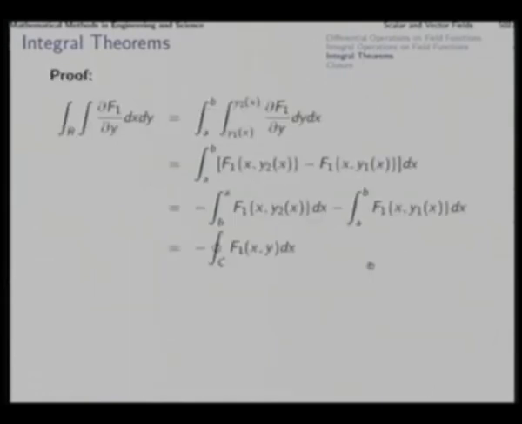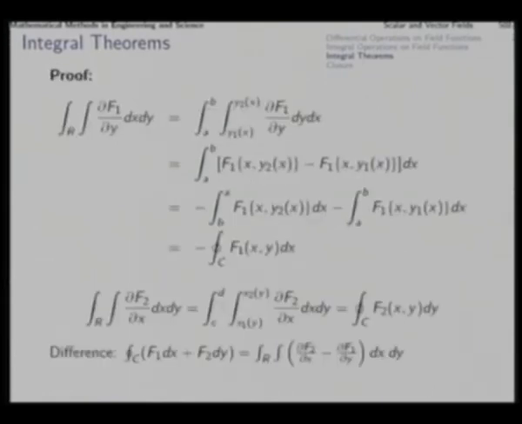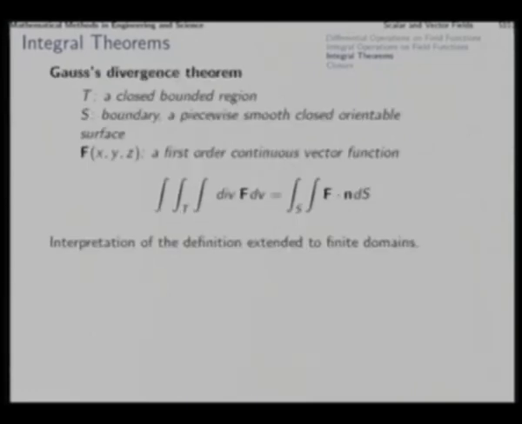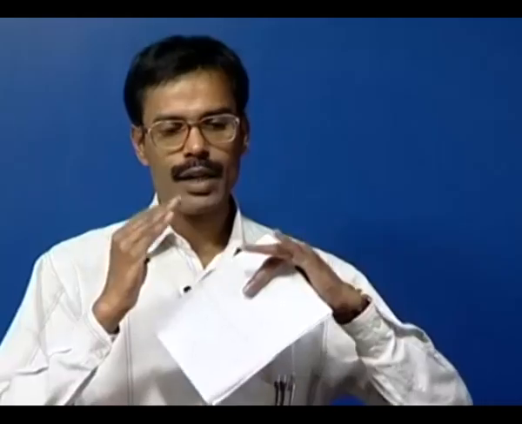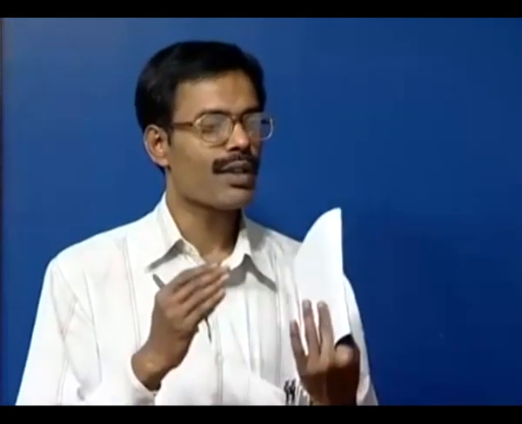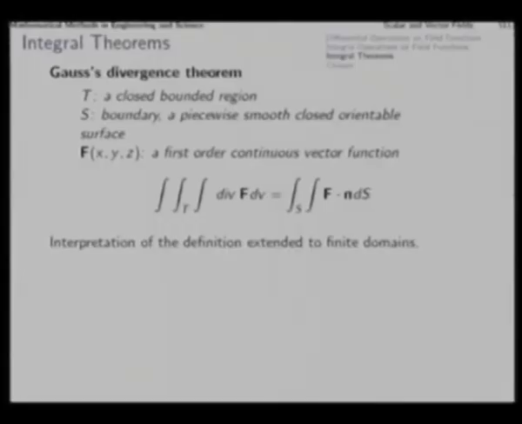Now, the next important theorem is the Gauss theorem, which has a lot of application, a lot of fundamental interpretation in physics. So, for that we have a closed bounded region represented as T and its boundary S, which is a piecewise smooth closed orientable surface, and over the entire region we have defined a vector function f, which is first order continuous. That means it is continuous and its first order derivatives are also continuous.